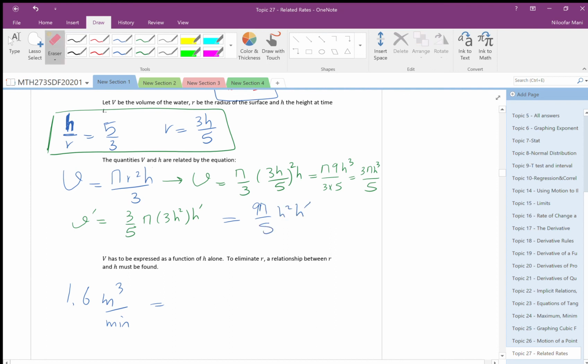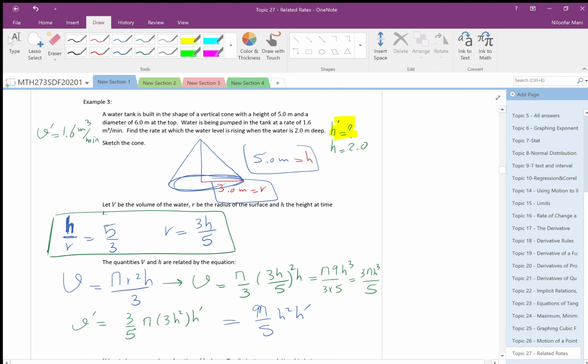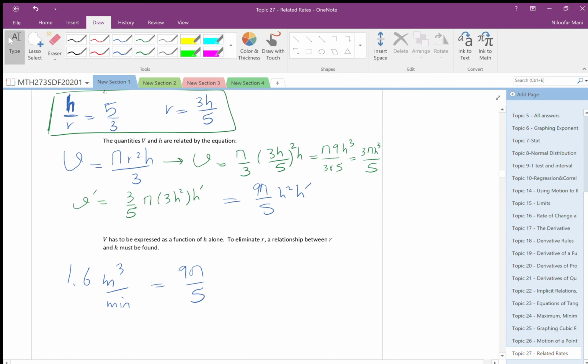Okay, so I do 9 pi over 5. What is h? I told you h is 2 meter. So it's given 2 meter. This is extra information which is given by the question, and then I need to find h prime, and that's what I want to find.